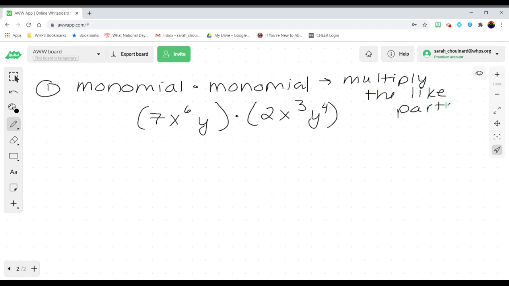So just a quick note, this is a monomial because there's no addition or subtraction. So this is all one term. Same here, no addition or subtraction, making it all one term.